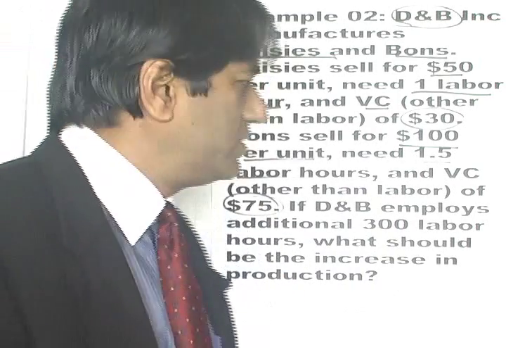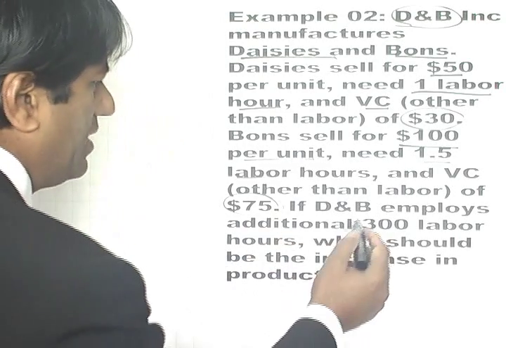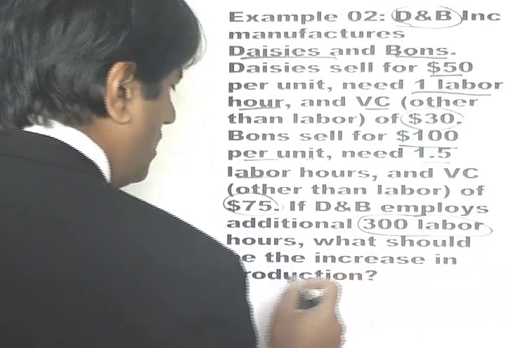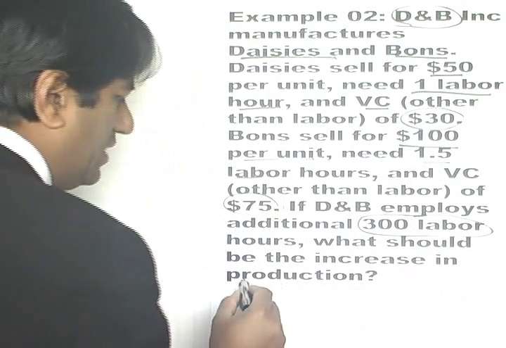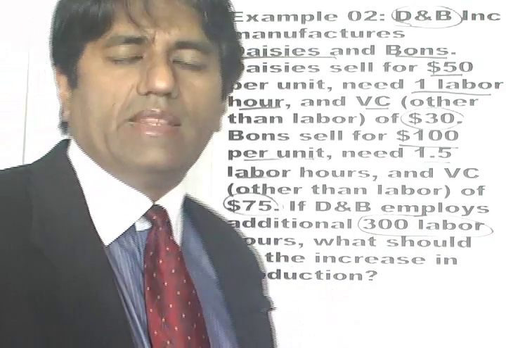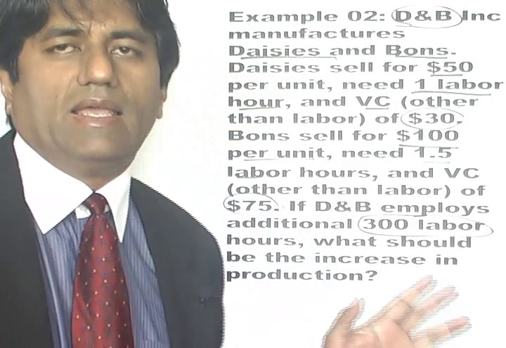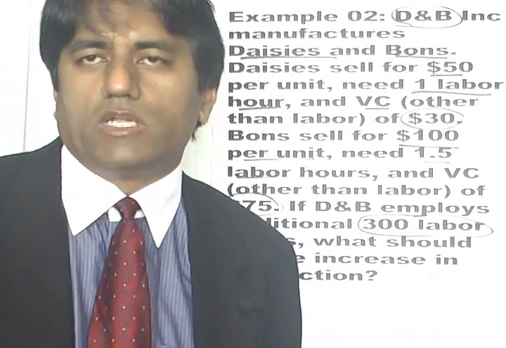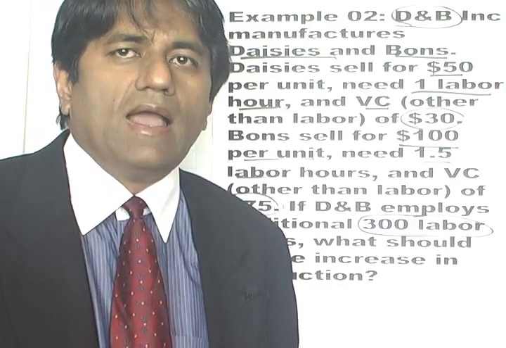So the question is, if D&B employs 300 additional labor hours, what should be the increase in production? That is basically, what should it produce more of? Should it produce more of daisies or should it produce more of bonds?